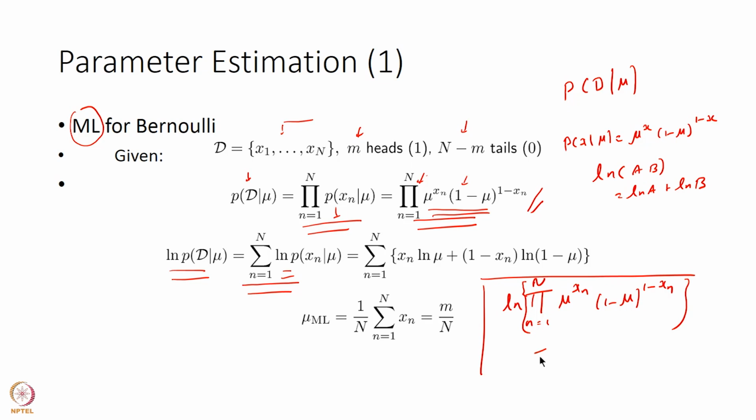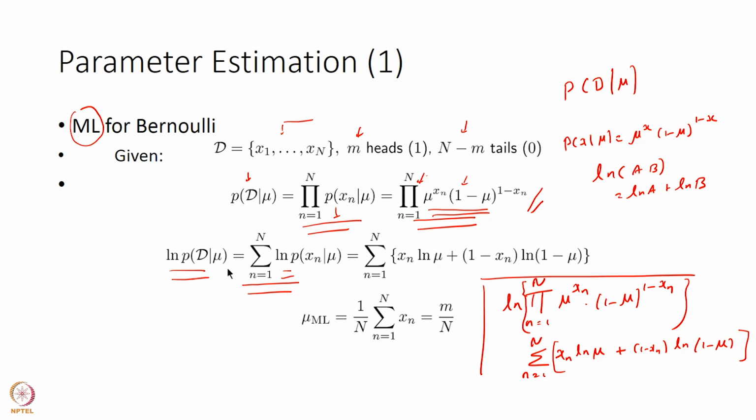We get the summation over n equal to 1 to capital N. The log of mu raised to x n gives x n log mu, plus 1 minus x n times log of 1 minus mu. The summation is for this entire term.